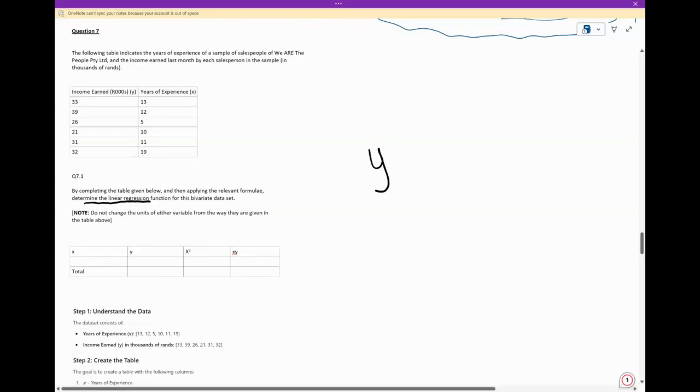So we know that the formula is y equals a plus bx. That's what we're looking for. So here they want the function. All that they're asking for is for you to find a and b and then say y is equal to whatever a and b is. Because they only want the function.